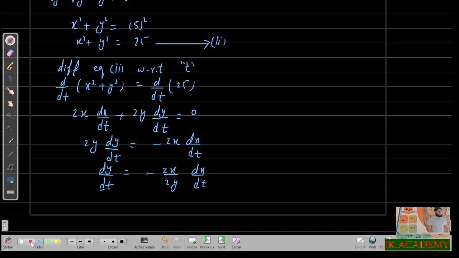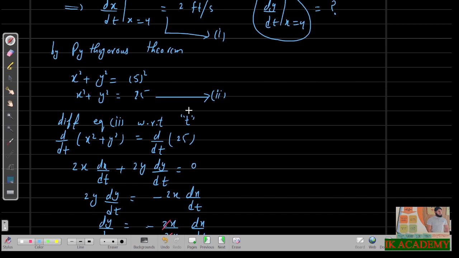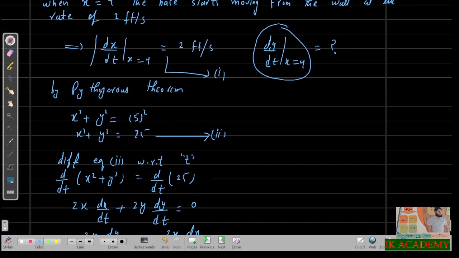So from here, 2 and 2 will be cancelled, and we can write here minus x by y dx by dt, which is dy by dt. So here if we see equation number 1, dx by dt is already given when x is equal to 4.